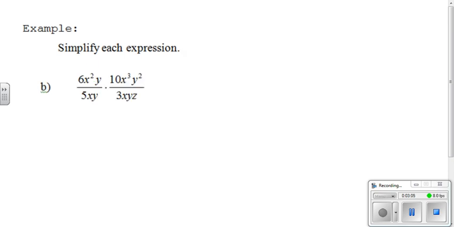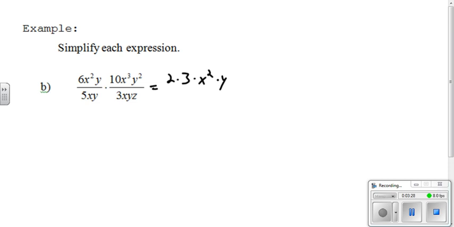So our most simplified version is 1 over 6x squared y. Okay, let's say we wanted to try the prime factorization version. So we would break this down into 6 becomes 2 times 3 times x squared. Let's just keep it as x squared. The variables will probably be easier to keep as powers of the variable.